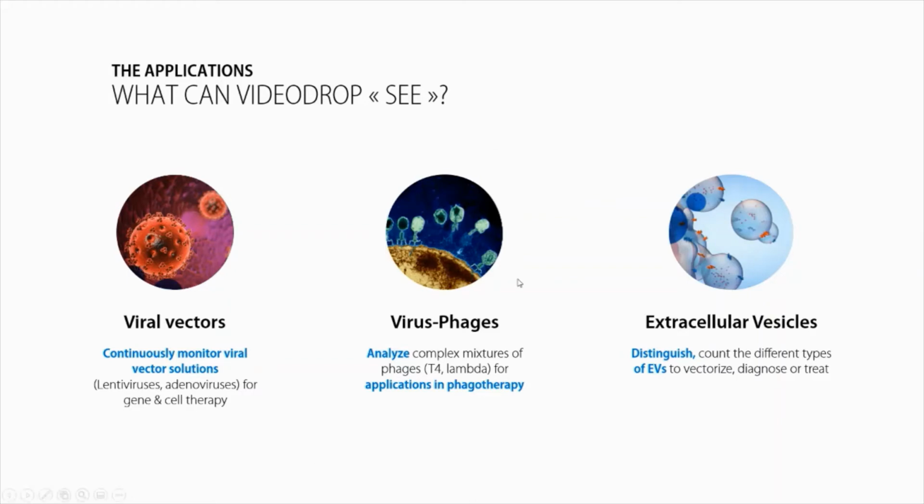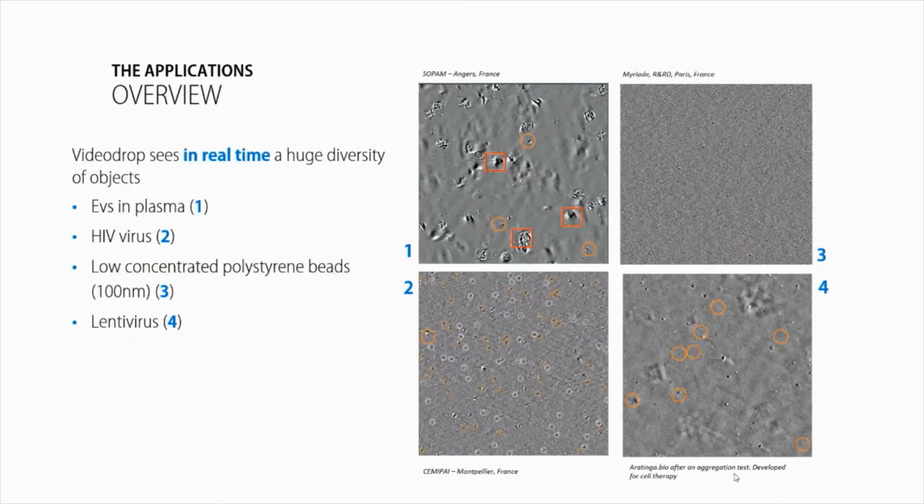For phages, we can analyze complex mixtures of phages T4, lambda for application in phage therapy. And for extracellular vesicles, we can count the different types of extracellular vesicles that are used to vectorize, diagnose, or treat. Now let me show you some examples of what can be seen effectively.